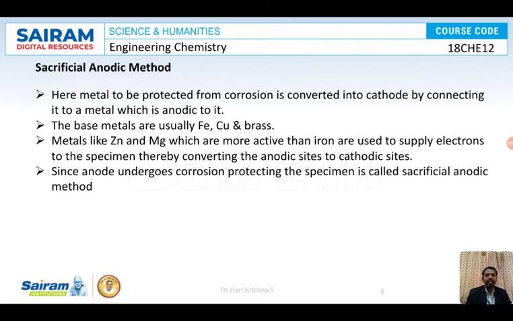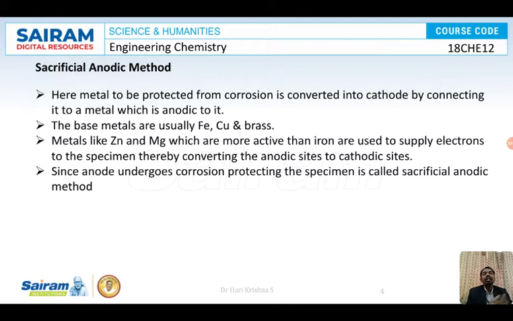What happens when you connect zinc or magnesium to iron?